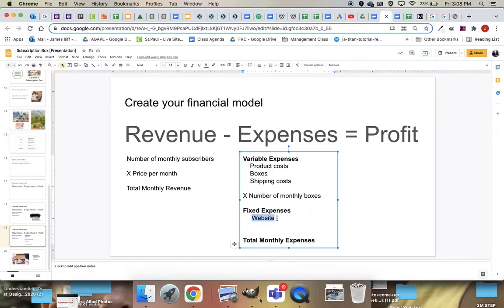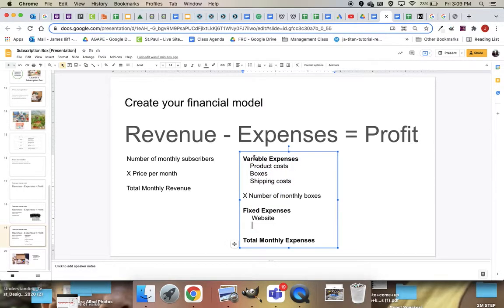Now, that's $60 a month. If we sell one box, it's going to be $60 a month. Or if we sell 200 boxes, it's still going to be that same $60 a month. So we call these types of expenses fixed expenses. They don't change based on the number of sales that we have.